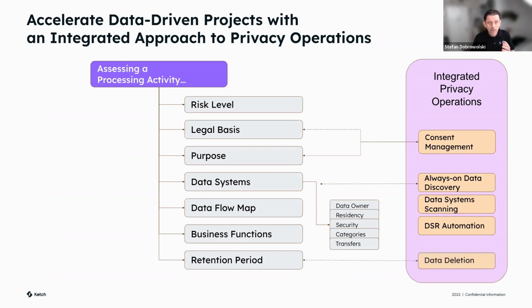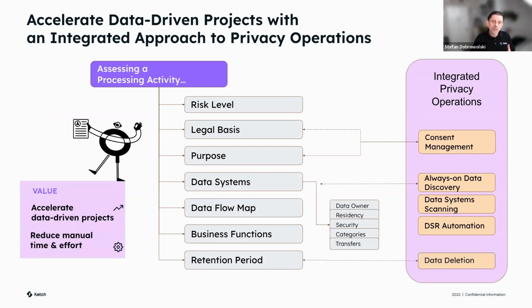So each of these relationships between the aspects of a processing activity and the fact that a privacy platform is helping you to automate these functions means you can unlock an opportunity to accelerate the delivery of projects, reduce the manual time and effort, reduce the time it takes you to go and search for facts, and improve collaboration across that privacy team. So this was the big motivating driver for our approach to assessments.